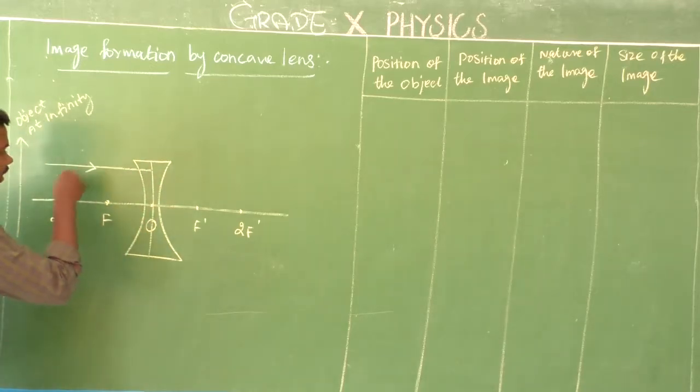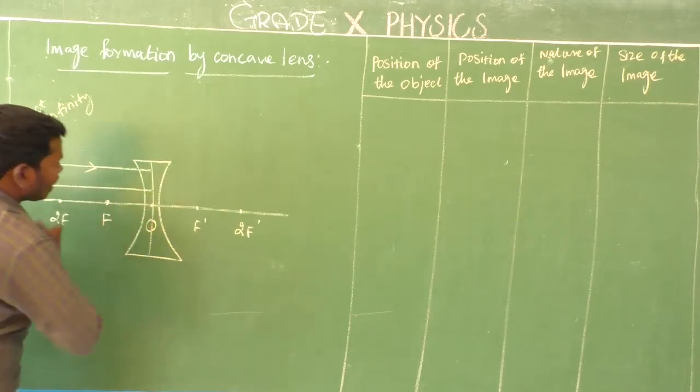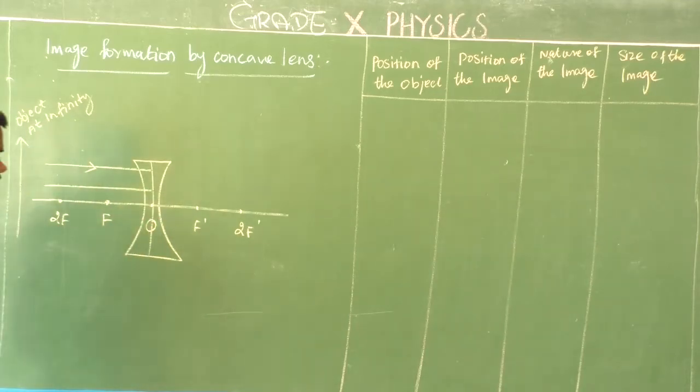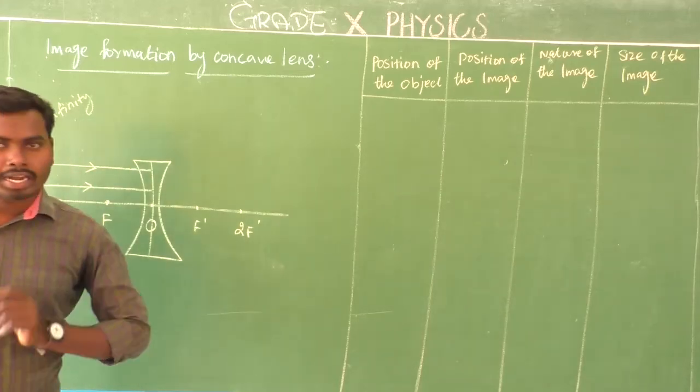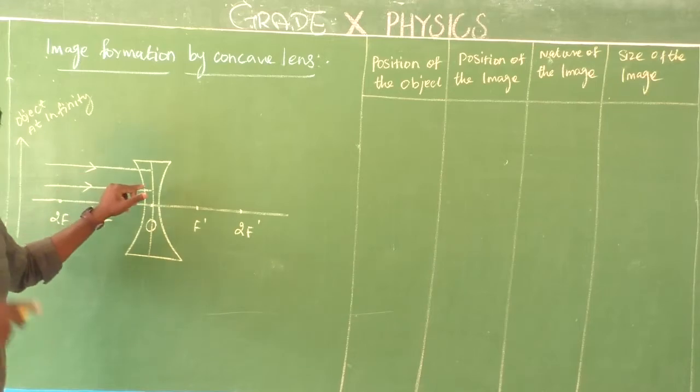So this is one light ray, and consider another ray. Is it clear? Yes. Look at here. This is one ray of light, and that is also a ray of light coming from an object placed at infinity. Note this concept. Whenever light rays come from an object placed at infinity, they will be parallel to the principal axis.